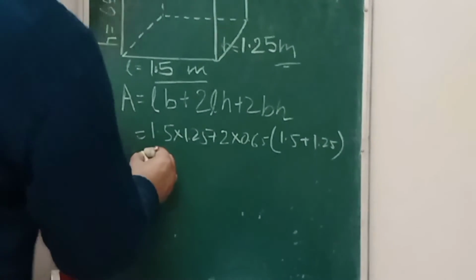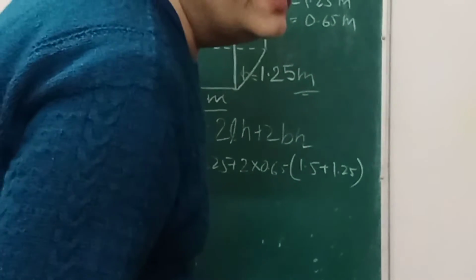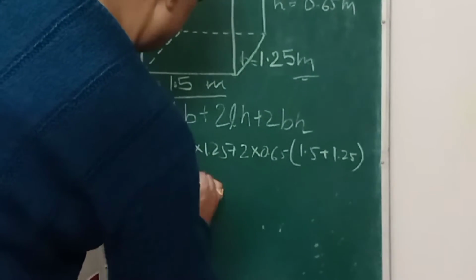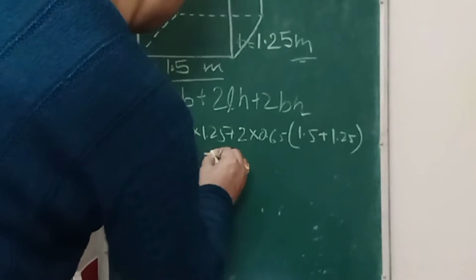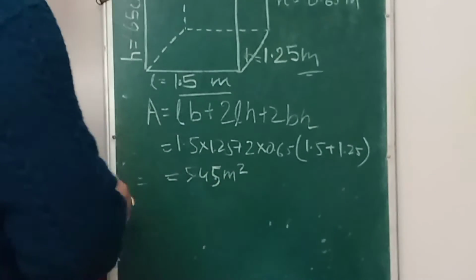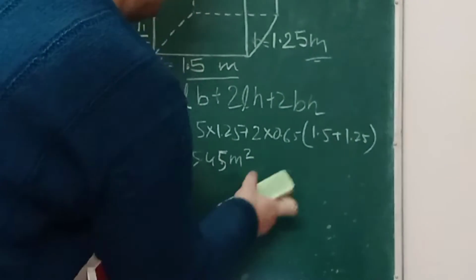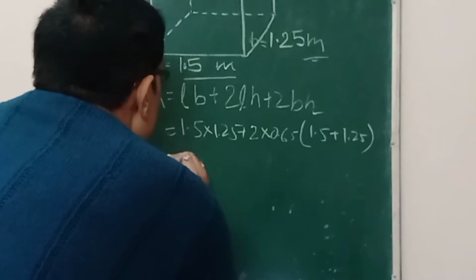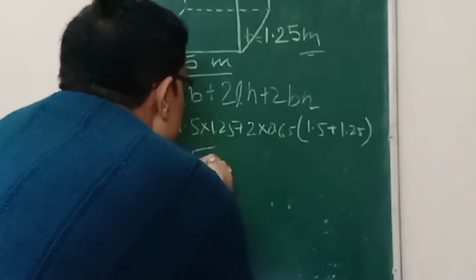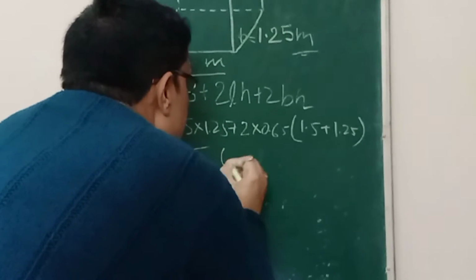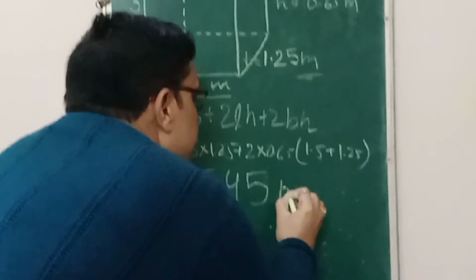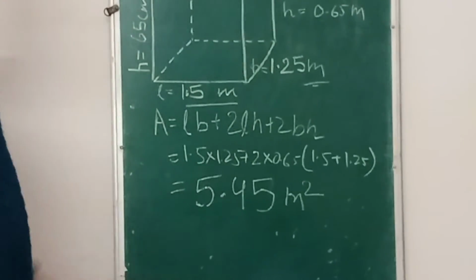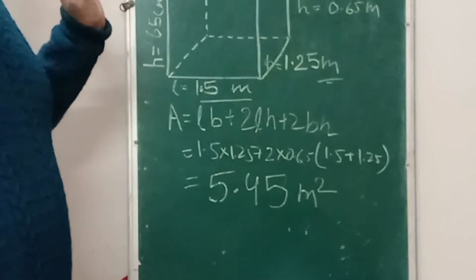Upon calculating this, we will get the area as 5.45 meter square. I am writing it clearly in bold and bigger font because there may not be good visibility in the video.